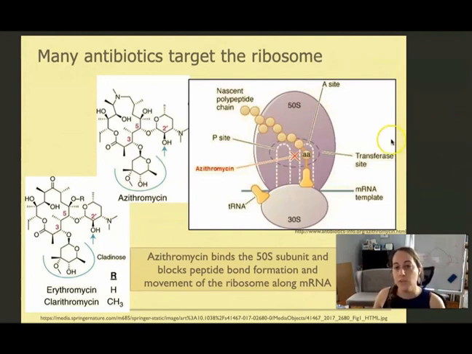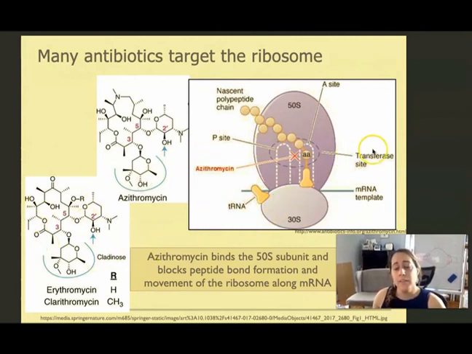As an aside, I do want to acknowledge also that we only see the A and the P site here. The E site is here, and so it's kind of inferred because it's the exit site. There's nothing in it for very long, and so it's not really shown as part of the large ribosomal subunit.